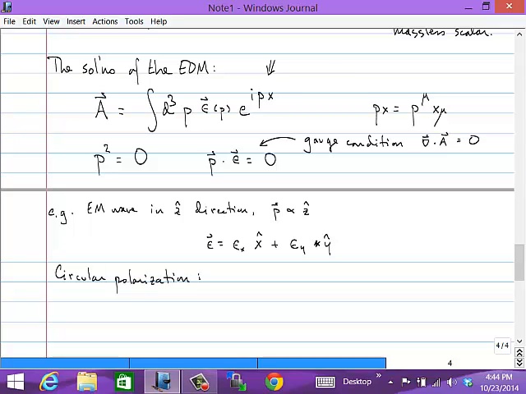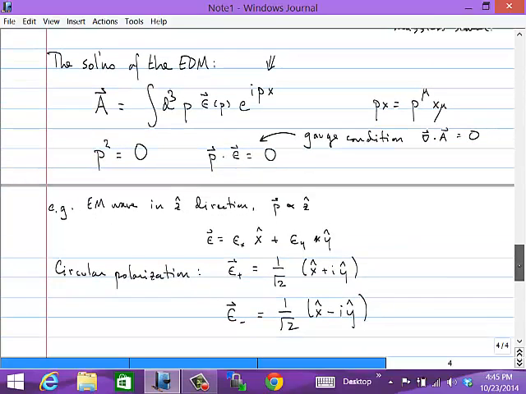In that case, you would introduce 2 different polarization vectors that we would call, say, epsilon plus and epsilon minus, which would be complex polarizations: x plus iy and x minus iy.